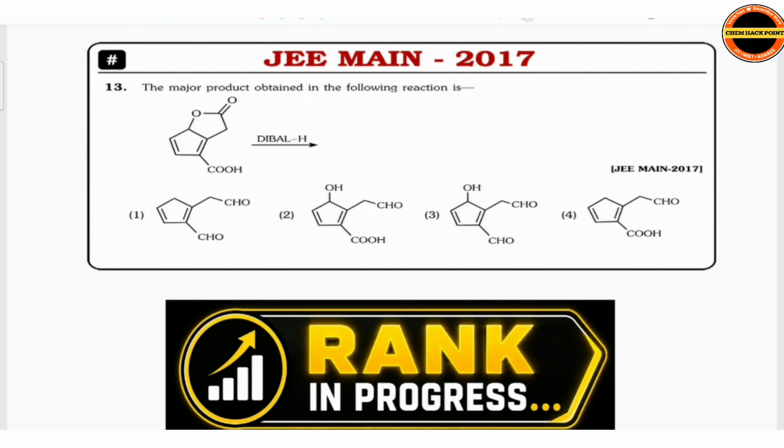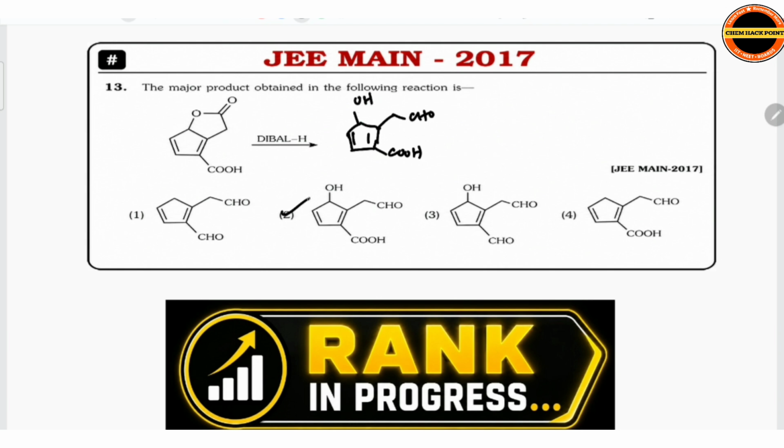So how do we need to solve such questions? Observe the first question, everyone. We know DIBAL-H cannot reduce COOH. Already above we discussed, it cannot reduce COOH, but it can reduce cyclic esters. During reduction of cyclic esters, after opening the ring, the CO group is converted into aldehyde, and the other part is converted into alcohol by opening the ring.